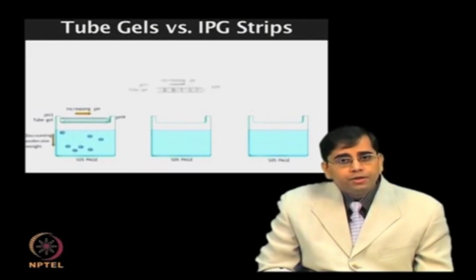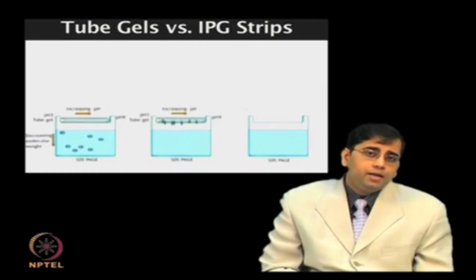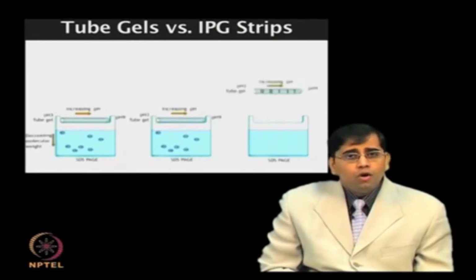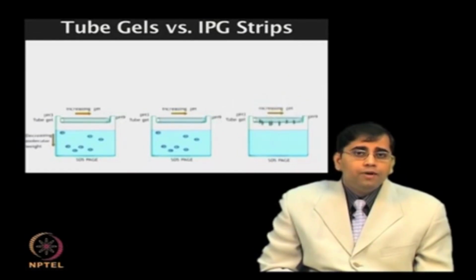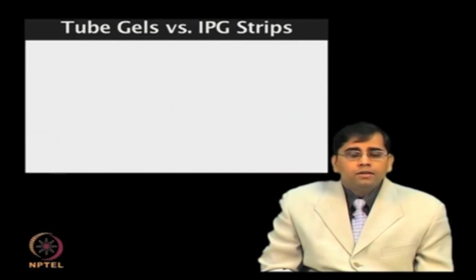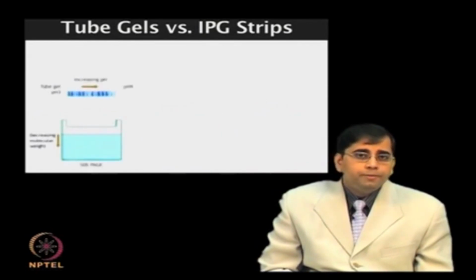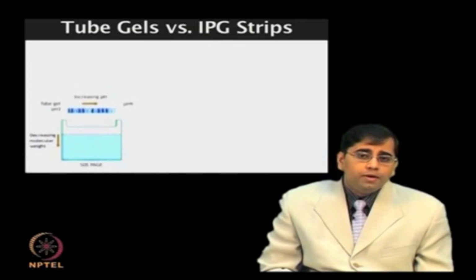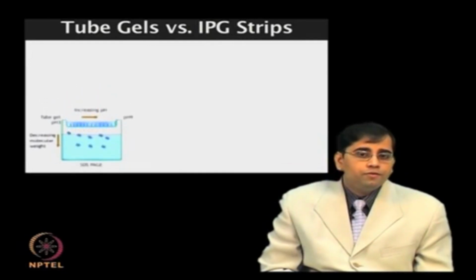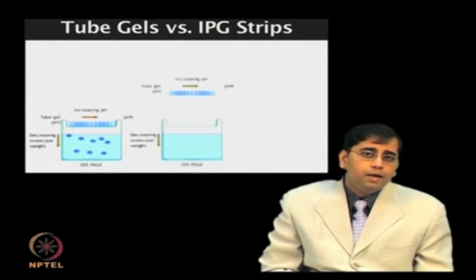Analysis of protein mixtures by two-dimensional electrophoresis using tube gels often resulted in variations in the gels. The problem of reproducibility was overcome to a large extent by the development of immobilized pH gradient strips, or IPG strips.